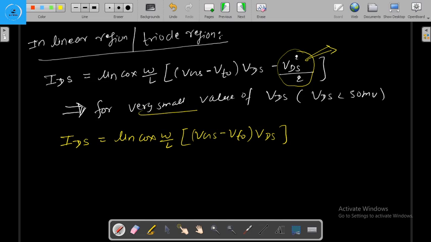And then we are going to differentiate this equation with respect to VDS.